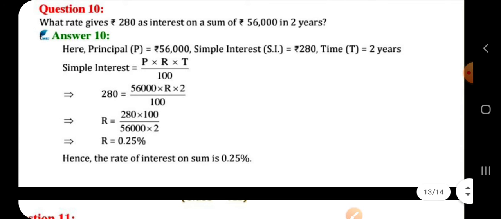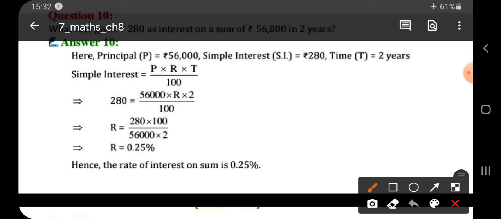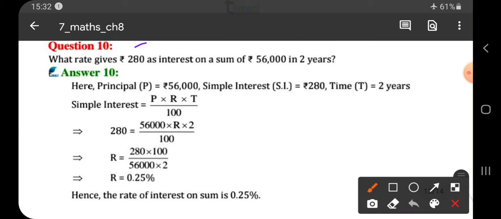Here in this example, the rate of interest you have to find out. So for that, first of all, collect the data. 280 rupees interest, simple interest, SI is equal to 280 rupees. 56,000 sum, it is the principal, and 2 years, T is equal to 2 years. SI is equal to PRT by 100. 280 is the simple interest, P is equal to 56,000, R you need to find out, T is equal to 2, divided by 100.